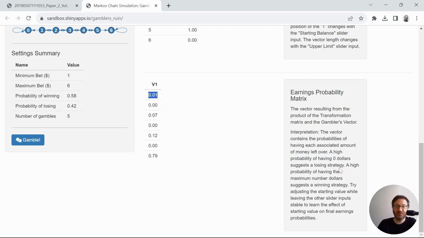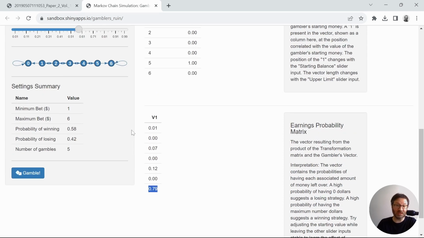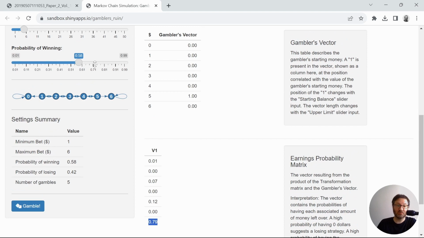A high probability of having the maximum number of dollars suggests a winning strategy, and that's what we have here. So if we start with a lot of money and a relatively good winning percentage of 0.58, then we're likely to win. And so in this simulation, you're encouraged to try adjusting these different values to learn the effect of maybe starting with less money or more money given a certain winning probability.